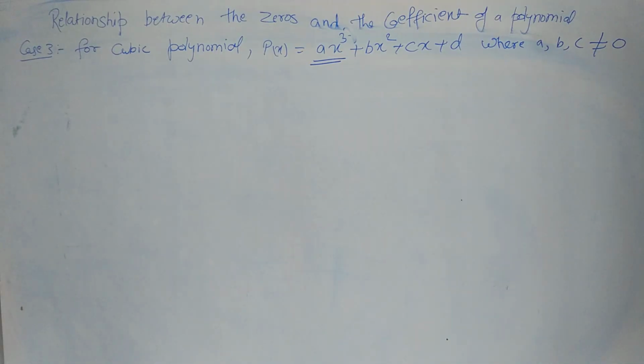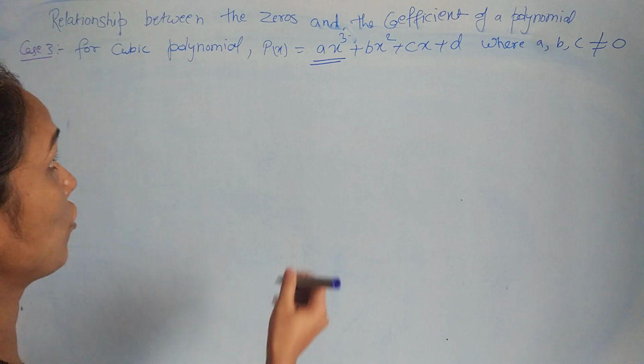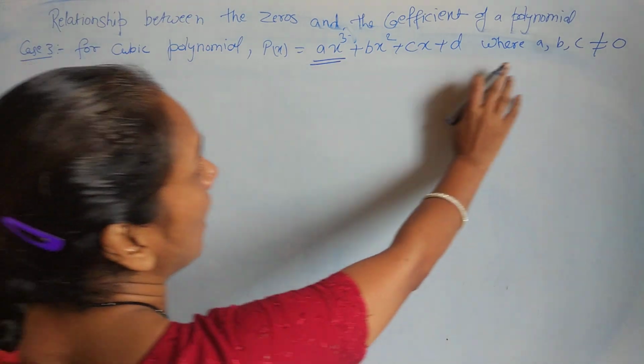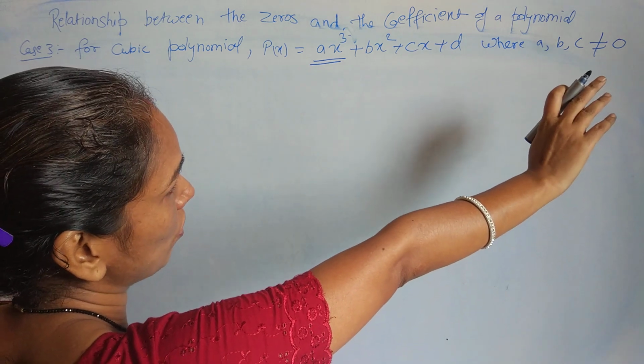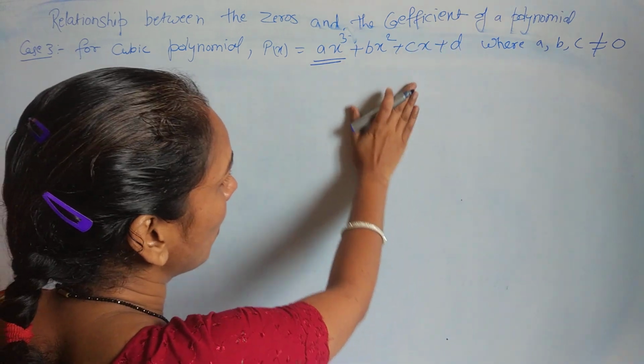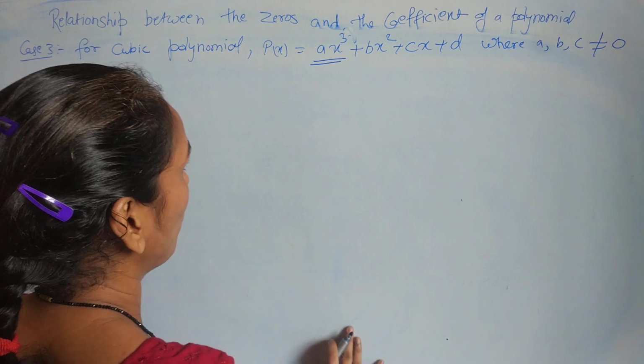For any cubic polynomial, the degree should be 3, but here I am taking a, b, c not equal to 0 because I want to take an ideal case for cubic polynomial.